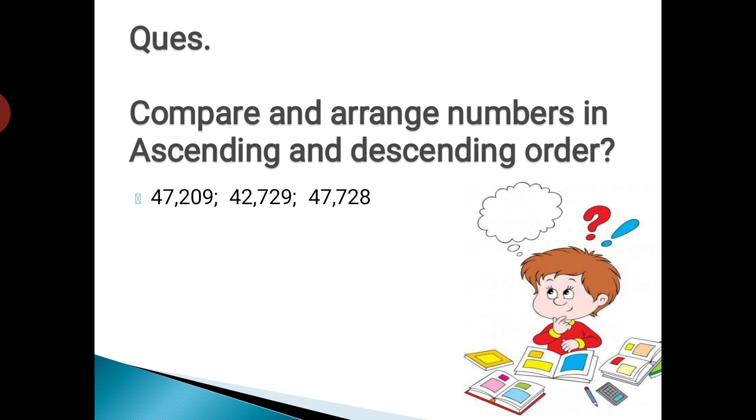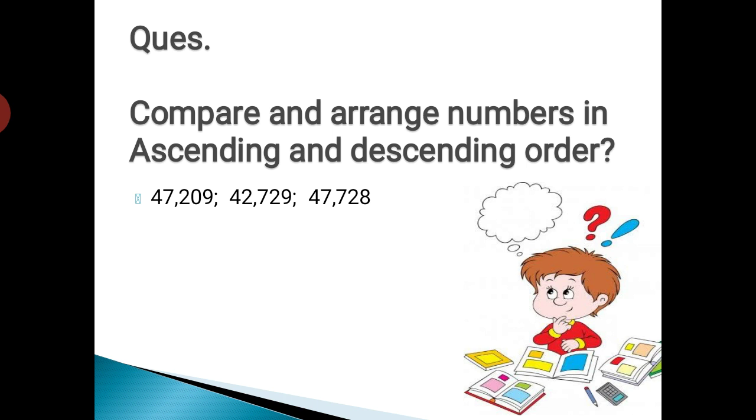So children, now you have to compare and arrange numbers in ascending and descending order. I have written here three numbers: 47,209, 42,729 and 47,728. How can you arrange these numbers in ascending and descending order?